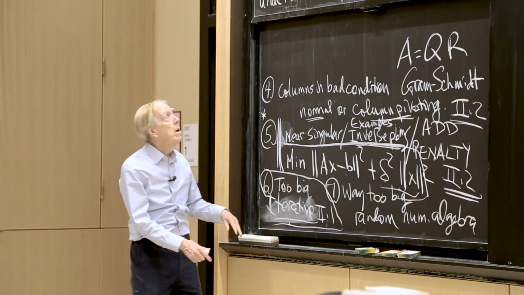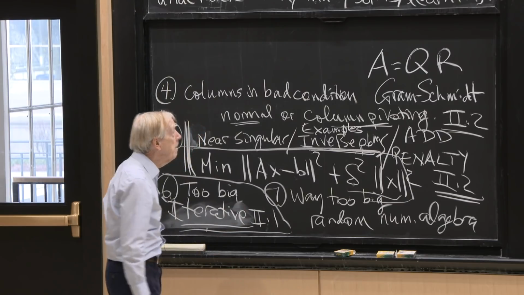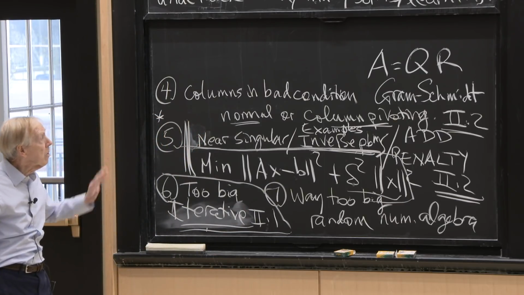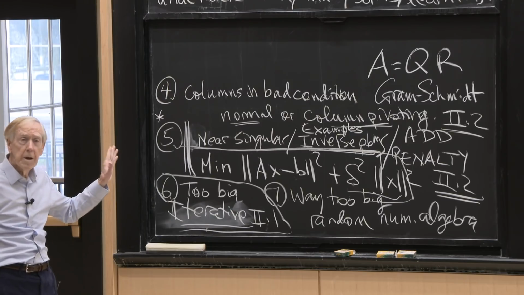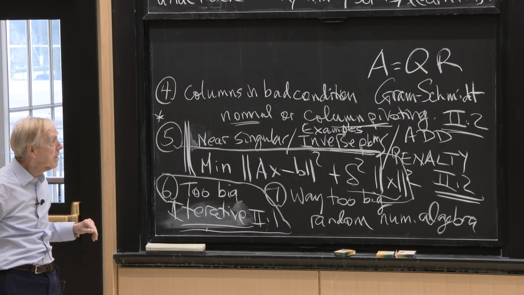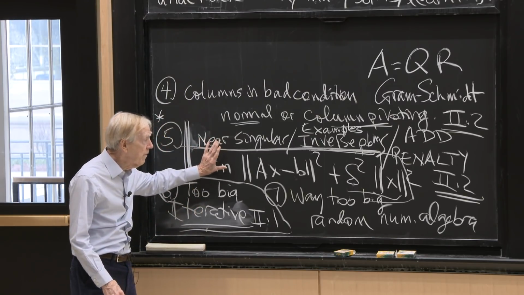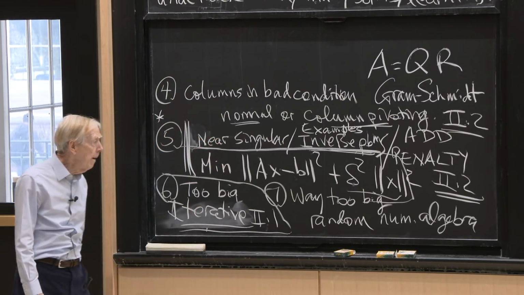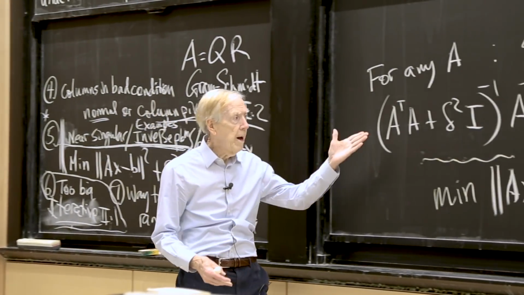And then Gram-Schmidt, with or without pivoting, which is a workhorse of numerical computing, and I think I better save that for next time. So this is the one I picked for this time, and we saw what happened in L2.